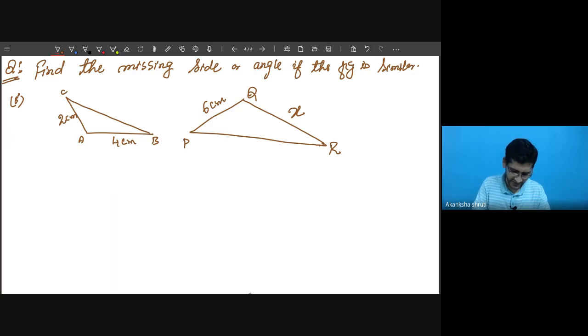And let me take this as Y, that we also want to calculate, and this as 10 centimeter. So whatever the missing sides, both X and Y, we want to calculate.